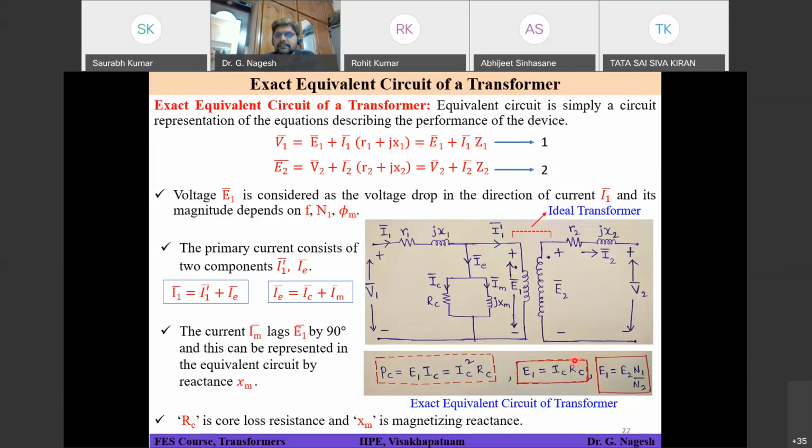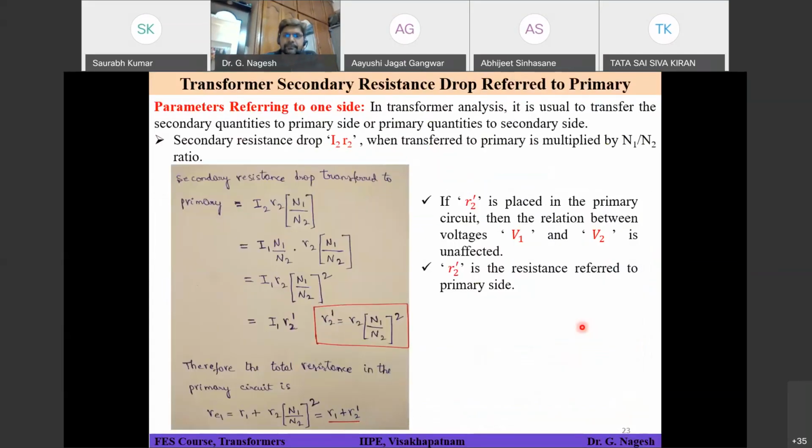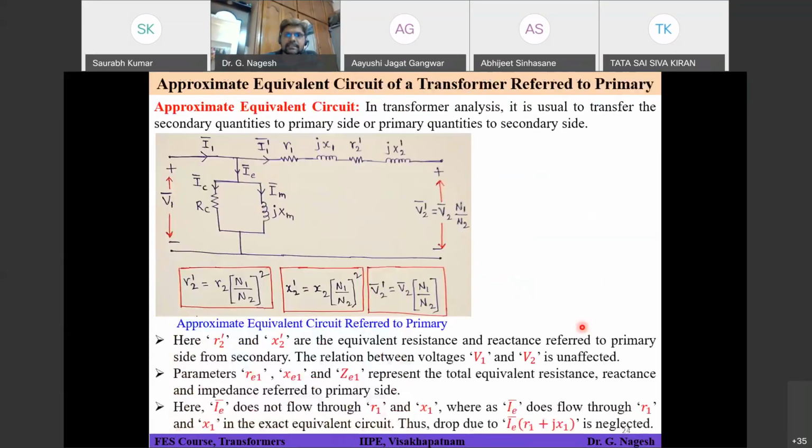Voltage is transferred in the direct ratio. So V2 onto the primary, what will happen? N1 by N2. V2 into N1 by N2. That's all. Simply you have to multiply V2 with N1 by N2. That will be the equivalent voltage that will come onto the primary side. Okay, we'll see that anyway. Right, because voltage is transferred in the direct ratio.